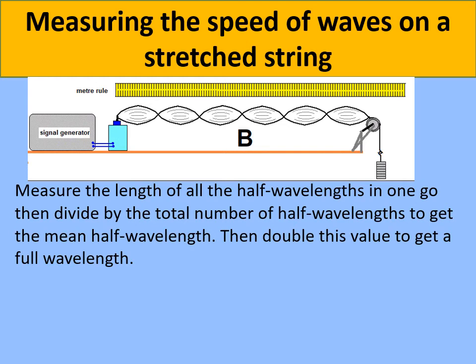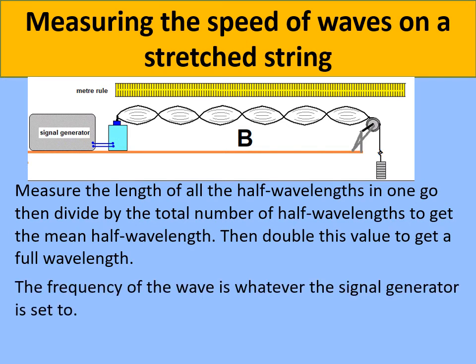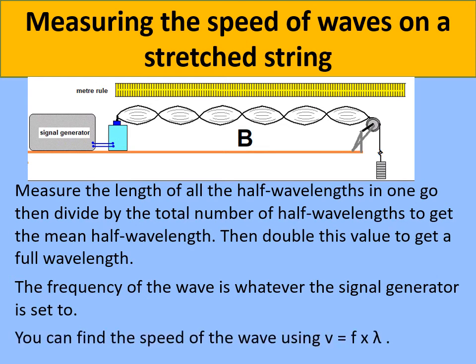And that's half a wavelength, so if you double this value you will get the full wavelength. The frequency of the wave is given by whatever the signal generator is set to in order to create these half wavelengths. And then you can find the speed of the wave again using the important wave equation, v = f × lambda.